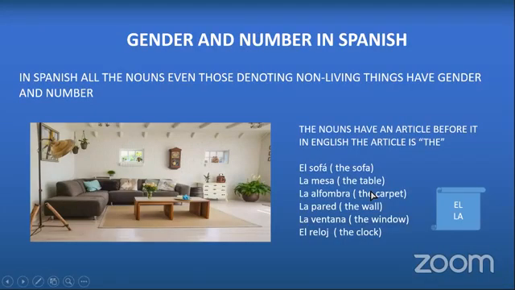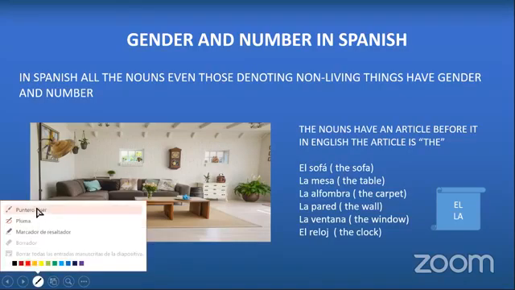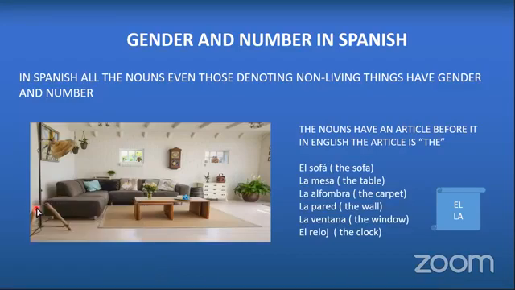In Spanish, all the nouns, even those denoting non-living things, have gender and number. Let's look at this living room. If we're talking about the living room, the sofa, the table, the wall, everything has a gender. That means grammatically it can be masculine or feminine.